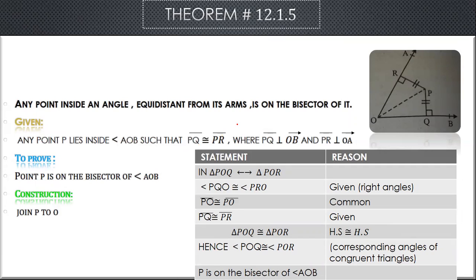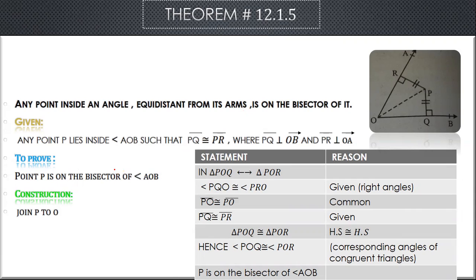Only 2 or 3 points are different in it, especially the proof and given. They both are also the converse of each other. So you should be very careful about the statement. Keep in mind that the end point, the second half of the theorem, will be the proof, and the first half of the statement will be the given.